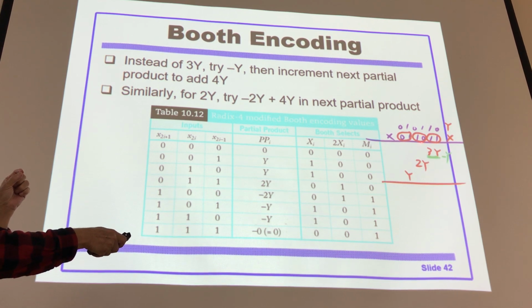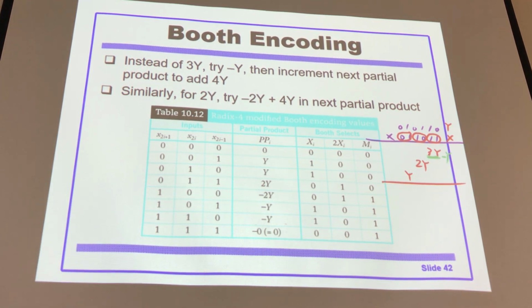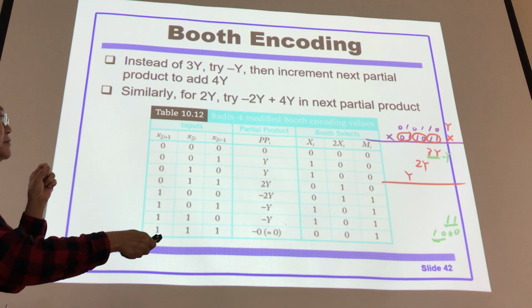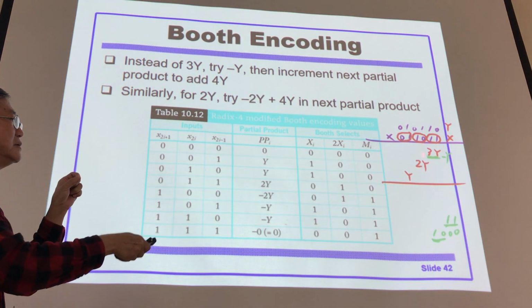This 2 bits actually has a weight. The 1 0 actually has 0 0 in the end. You look at the x multiplier, 1 1 here is 3 times y. 1 0 is here.